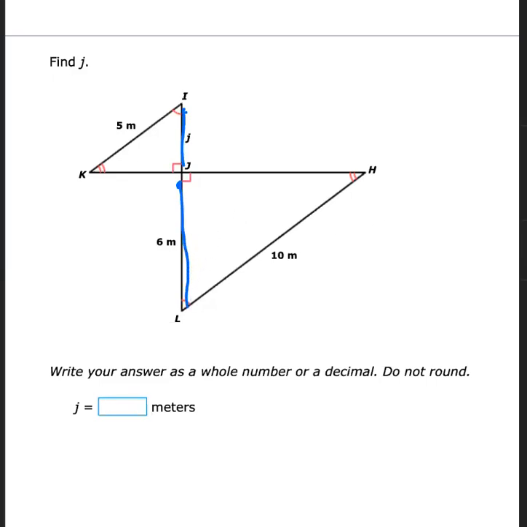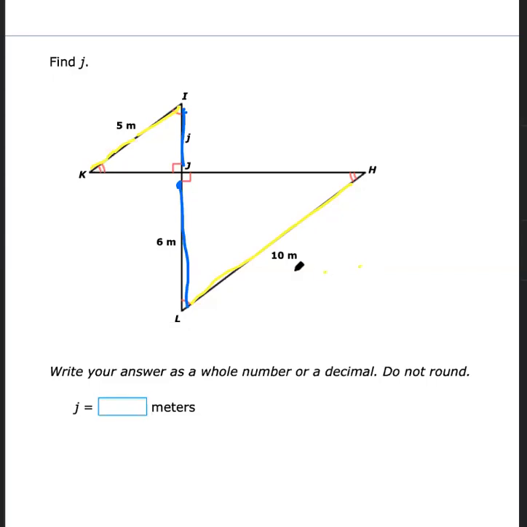And then our other lines. Right here, my yellow right there. It's going to line up with this yellow right there. Okay, so those similar triangles. So you can see H and K are similar. L and I are similar angles as well. So the corresponding sides will be the same or similar. So now we're going to try to solve for J.